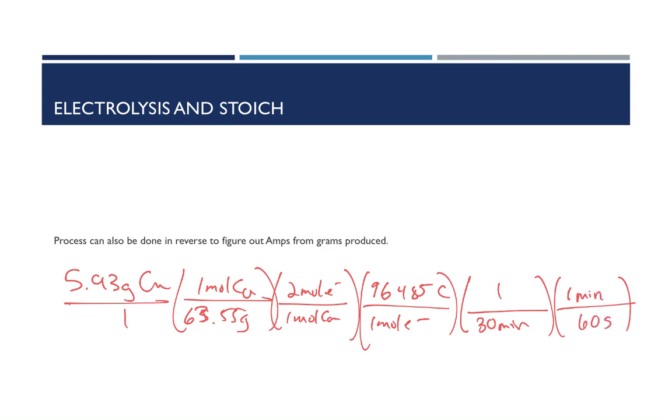Okay, that's then going to leave us with a unit of coulombs per second, and if we reverse this entire thing, we should end up coming up with an amperage of 10 amps if we do the calculation. So that's what Faraday's laws are and how we use Faraday's laws in stoichiometry to determine how much of a chemical is involved in an electric redox reaction.